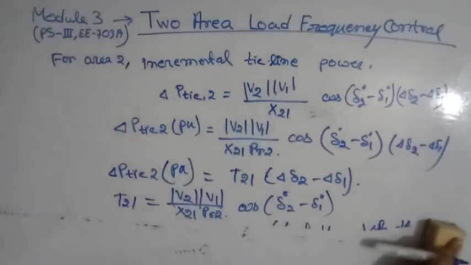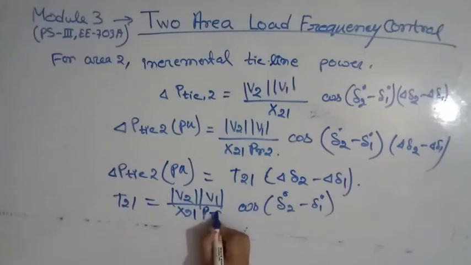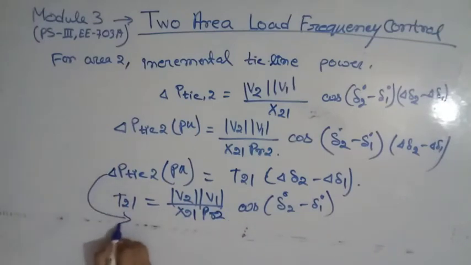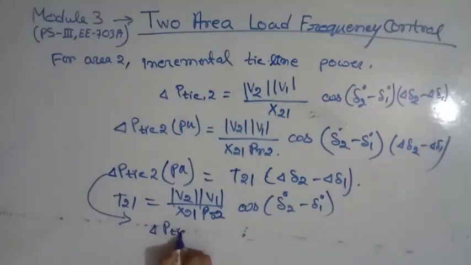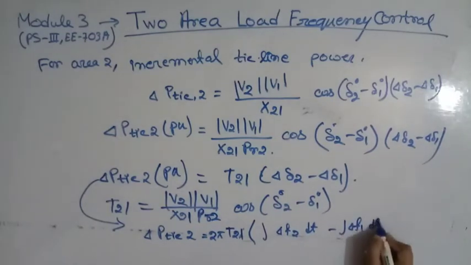In a similar way, the incremental tie line power out of area 2 can be written as delta P tie 2 equals 2 pi T21 times the integral of delta F2 dt minus the integral of delta F1 dt.